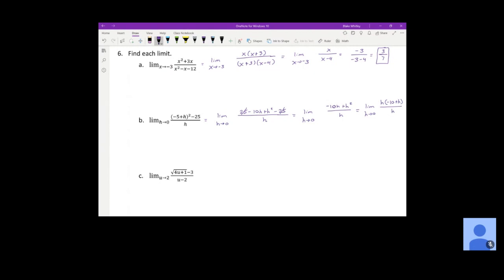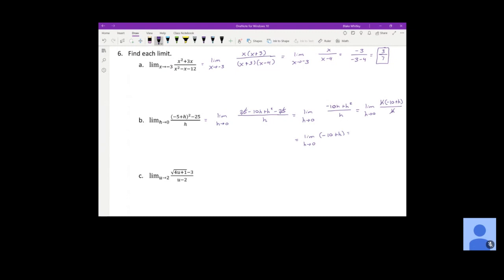All right, what's the next step? Good. Cancel out your factor of h in the numerator and denominator. Come down here, so limit h approaches 0, negative 10 plus h. And at that point, we can do what? Good.